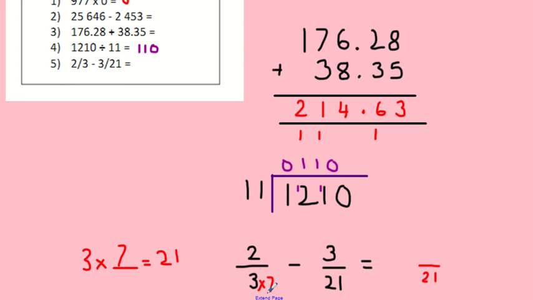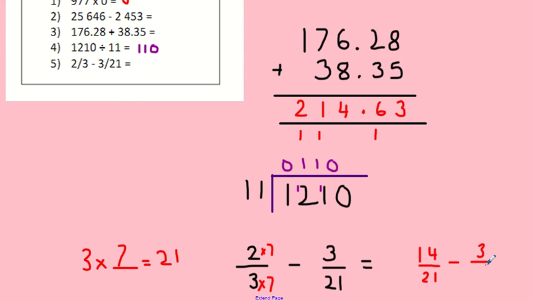Now, whatever I do to the denominator, I have to do the same to the top, or the numerator. So I'm going to multiply the numerator by 7. 2 times 7 is 14. If I look at my second fraction, it's already got 21 on the bottom.